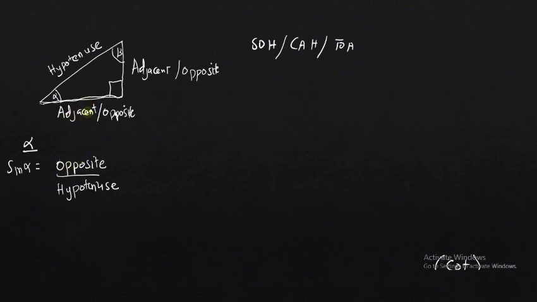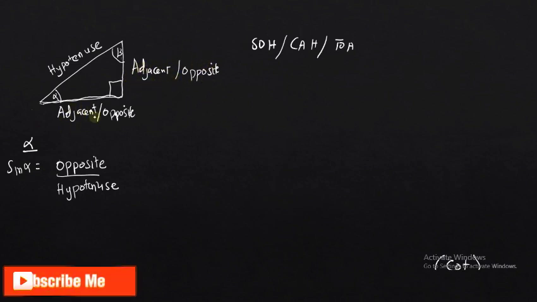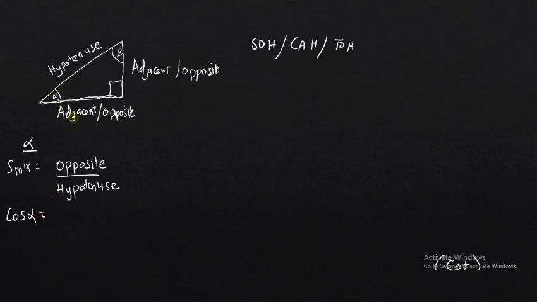But we have both adjacent and opposite here, so we don't know which one is which. So for alpha, this side will be the opposite, and this will be the adjacent. So let's take cos alpha. We are focusing on this angle, so this is the adjacent, and then we have the hypotenuse.